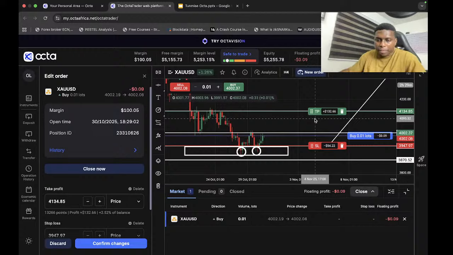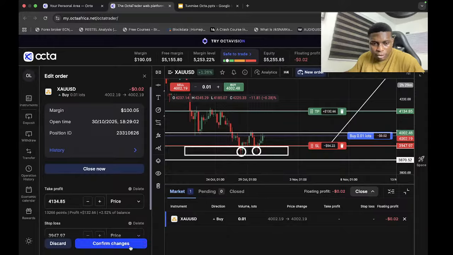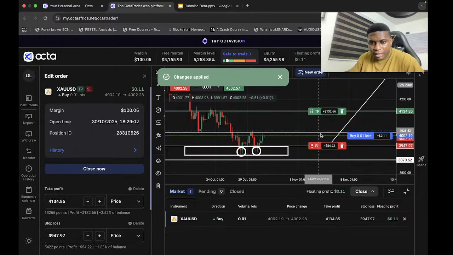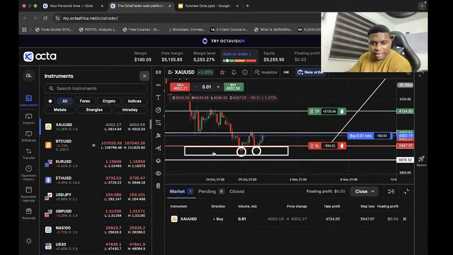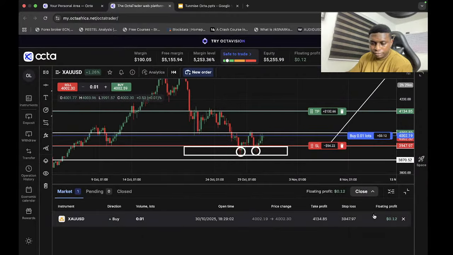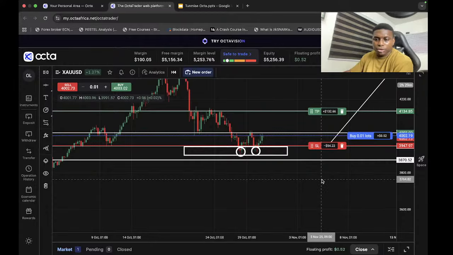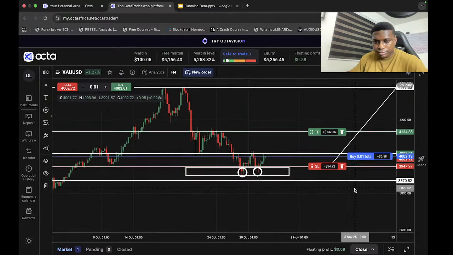That is it. So I'm going to confirm this as our ideal order, and then the order has been placed, so we have the market running now. Good, and the trade is also running.